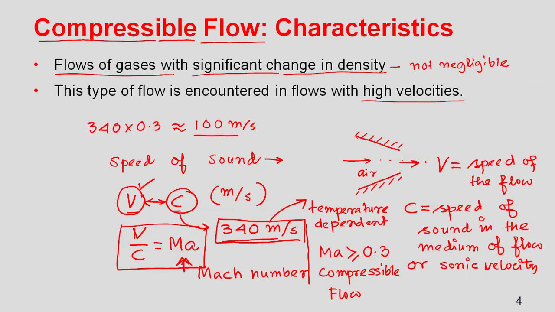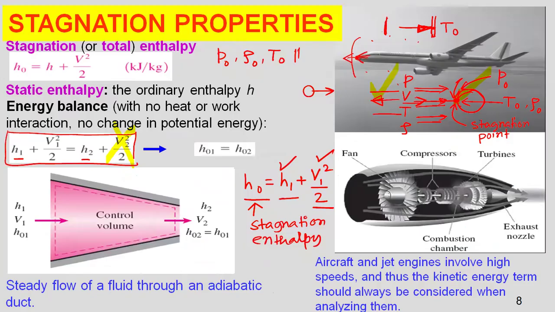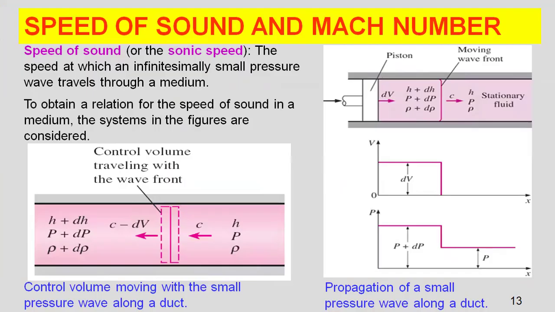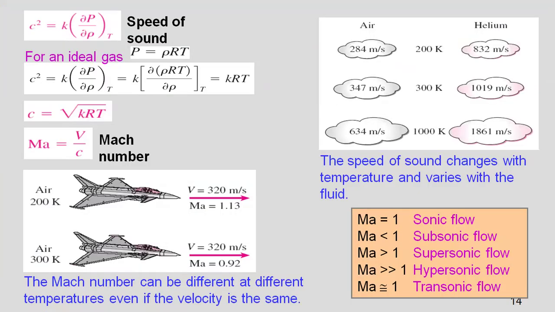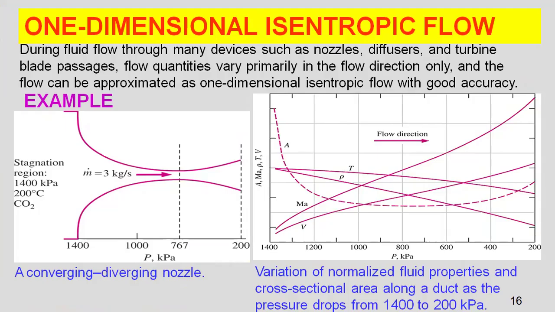So all these are mostly one dimensional and isentropic. That is the motivation for studying one dimensional isentropic flow, which we will study next.